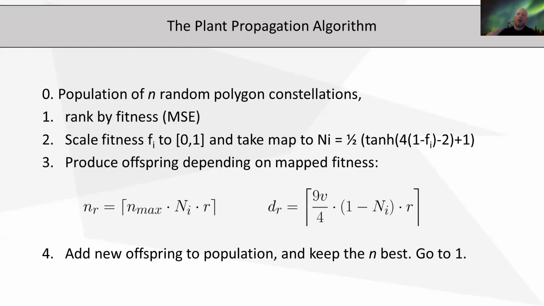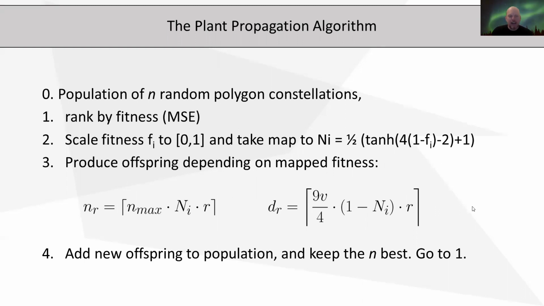So the one with the lowest MSE or the highest fitness, the best approximation, the best solution, goes to the top of the population. And the worst approximation goes to the bottom of the population. I'll have pictures in a moment, right? The fitnesses are then scaled to between 1 on top and 0 at the bottom, and they're somewhat smoothed by a hyperbolic tangent function, here it is.